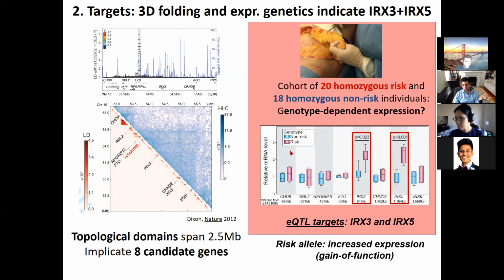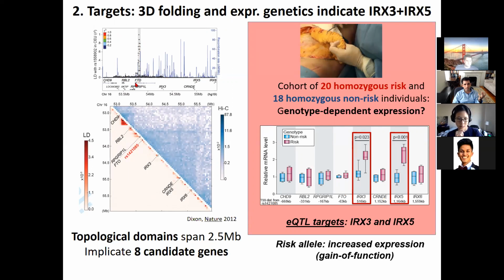You basically look at risk versus non-risk individuals, and then you ask what is the expression for risk versus non-risk individuals. And if you see an expression difference, that means that this genetic locus, in this particular case rs1421085 and its associated nucleotides, is in fact altering the expression of IRX3 and IRX5. And the reason why it helps you find the target gene is because if you look at this locus here, the genetic variants are sitting in the middle of this FTO gene.